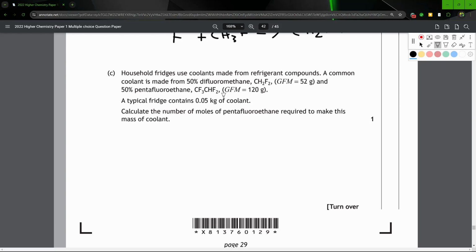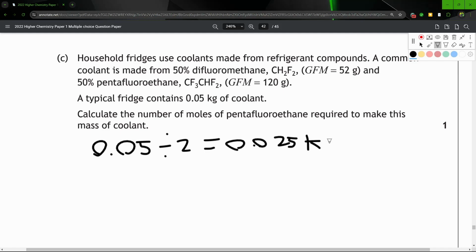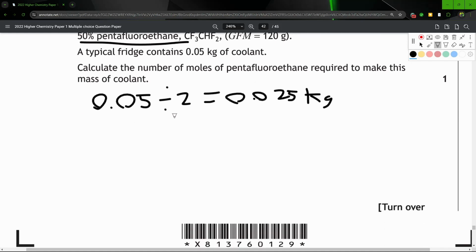Okay, so since they're 50% either way, we're going to divide this by 2. So we need 0.025 kilograms of pentafluoroethane, which is what we actually want to calculate. And so we'll convert this into grams, so that'll be 25 grams.